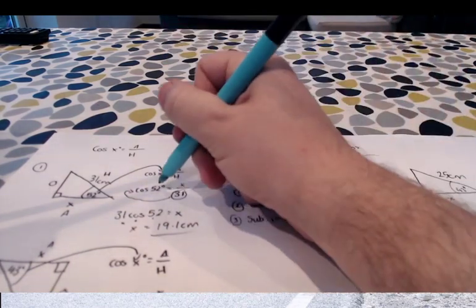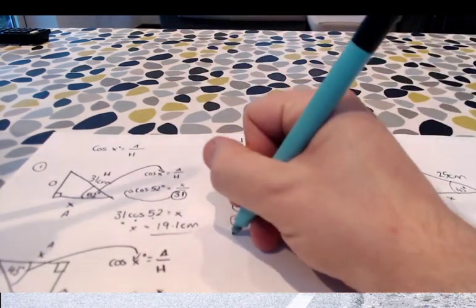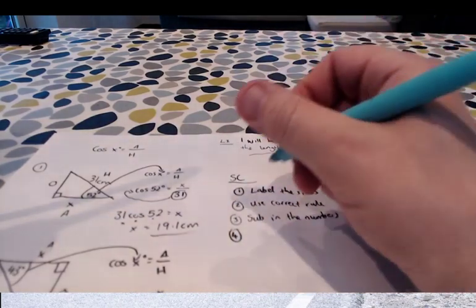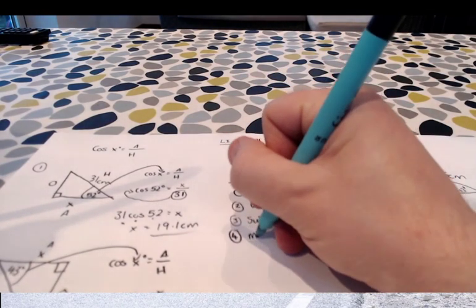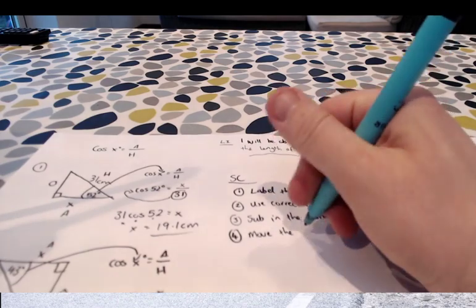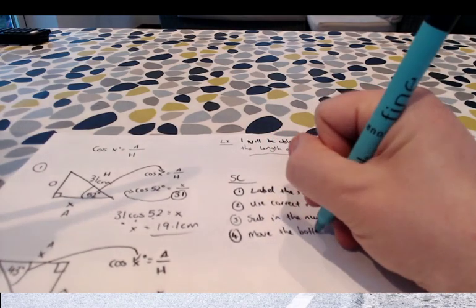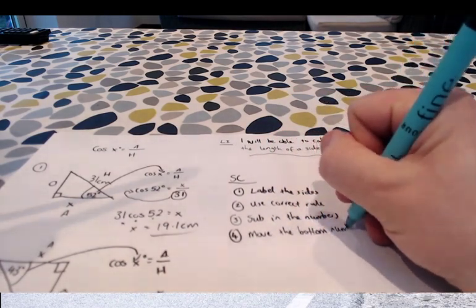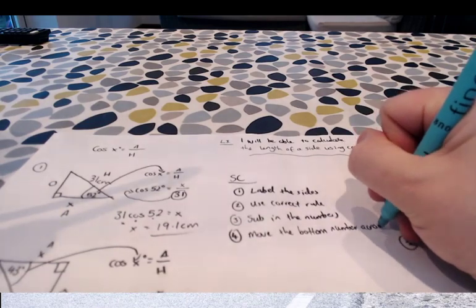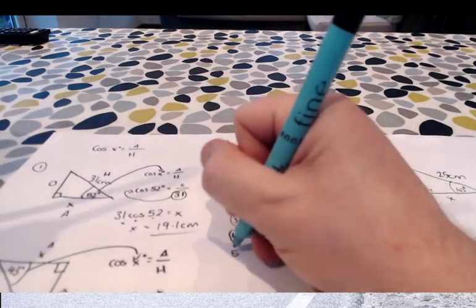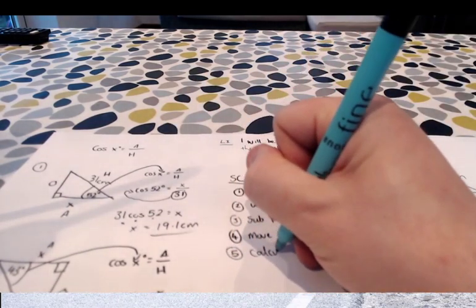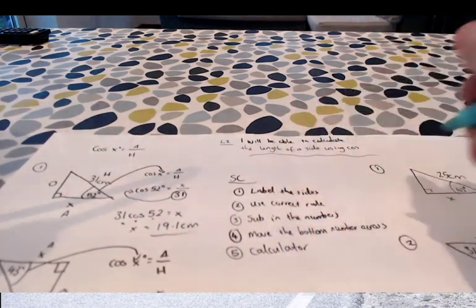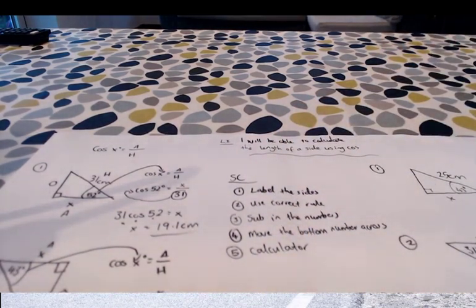That means getting them in the right positions. You need to be able to move the bottom number across. And finally, you need to be able to successfully use your calculator to get the answer. And if you can do all those 5 steps, you'll be absolutely grand.